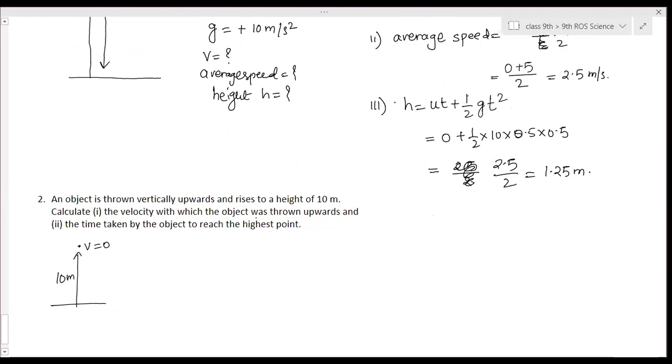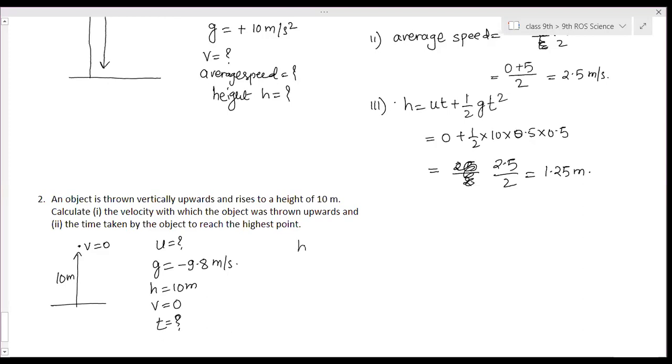The velocity with which the object was thrown upwards, that means you are to calculate. It is moving upwards, so g is minus 9.8 meter per second square. H is equal to 10 meters. V is equal to 0. Time is also we don't have, time also we have to calculate.